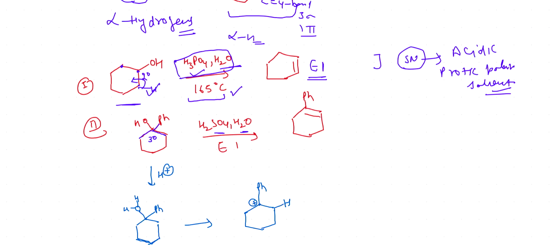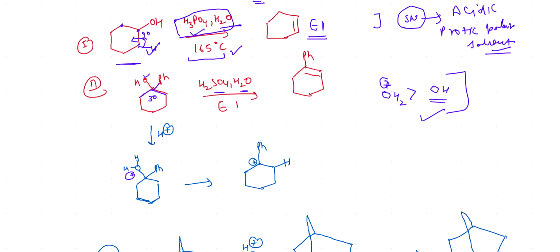In this, first of all, what is the role of acid here? This acid will protonate this OH group. After the protonation of this OH group, oxygen will acquire a positive charge and OH2 positive acts as a good leaving group as compared to the OH group. That's why this reaction is conducted in the presence of acid.